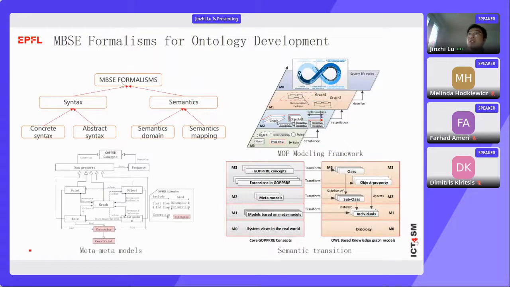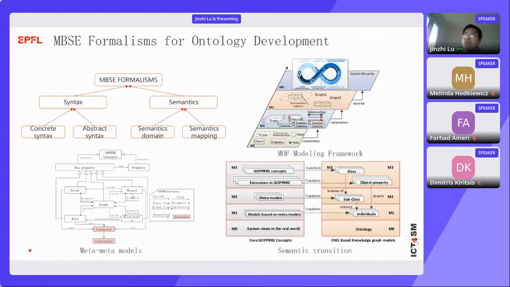This ontology is developed based on the MOF modeling framework. We construct the ontology based on the metamodel. Because we don't have enough time to introduce other details, based on the metamodel, graph refers to some type of window, the whole model.